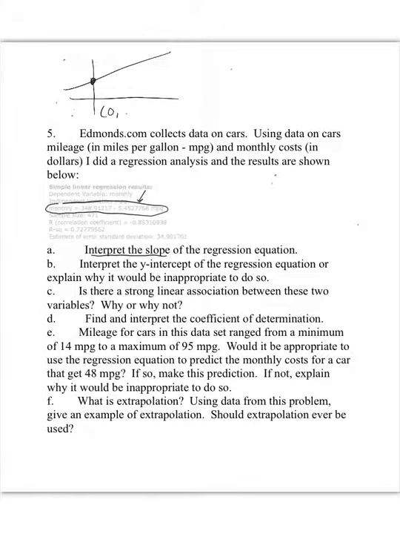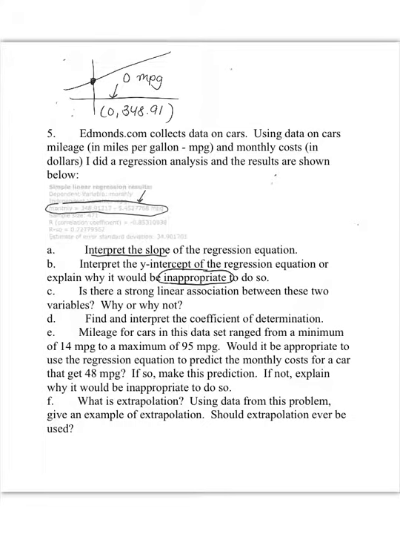So in this case, the y-intercept is 348.91. Okay? So what that means is you have a car that gets 0 miles per gallon. But we know that there is no car that gets 0 miles per gallon, so it would be inappropriate to interpret the y-intercept because there is no car that gets 0 miles per gallon.